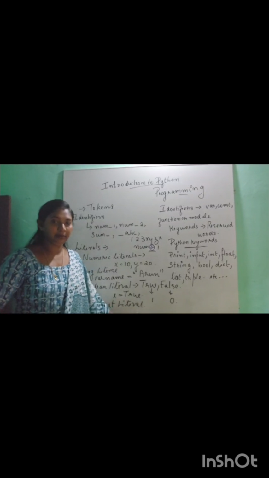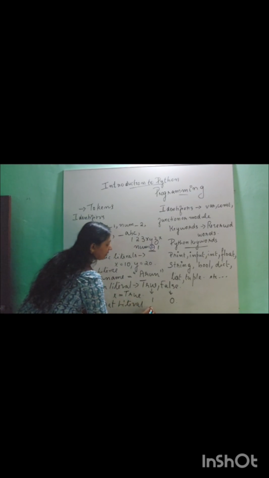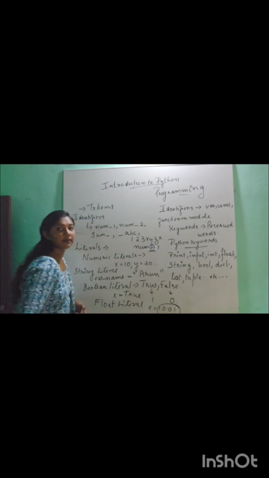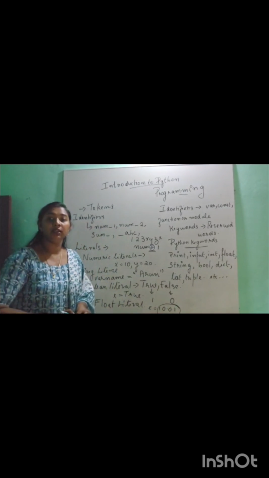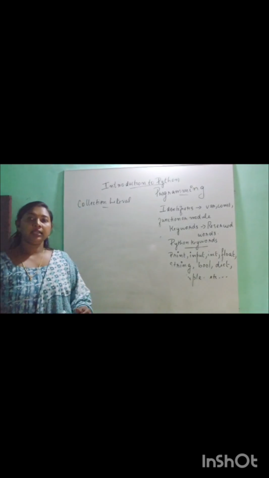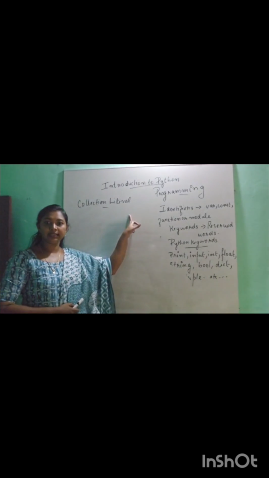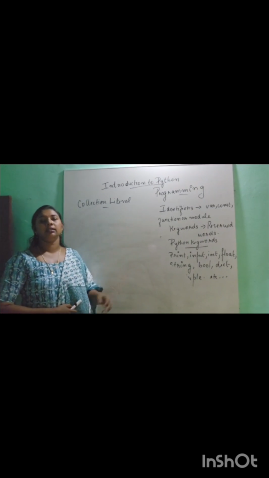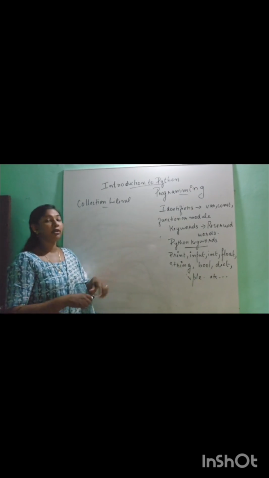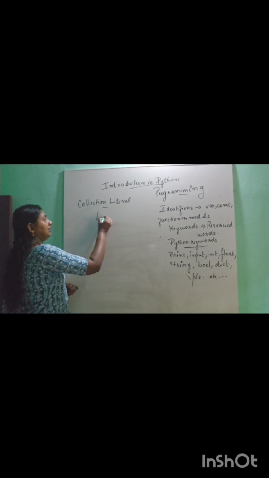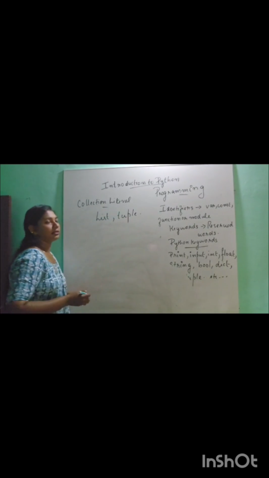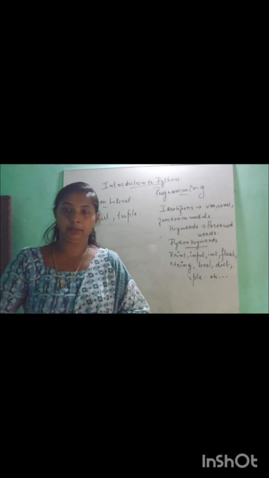Suppose x is equal to 10.01. This is a decimal value, so it is a float literal. The last one is the collection literal. A collection literal is a literal having a set of values. Examples of collection literals are list and tuple. These are two collection literals in Python.